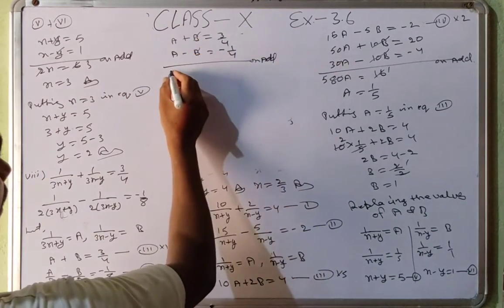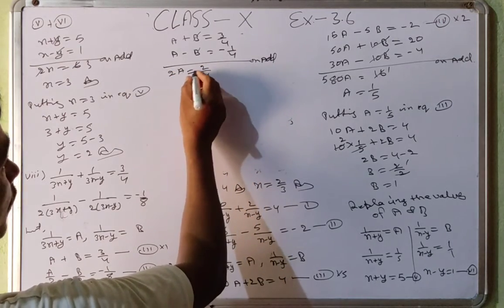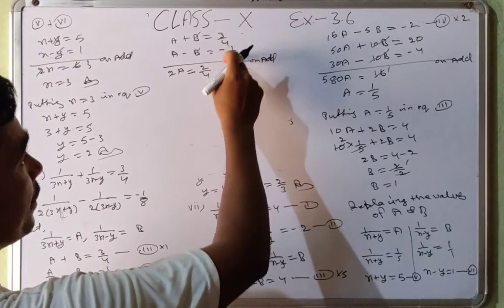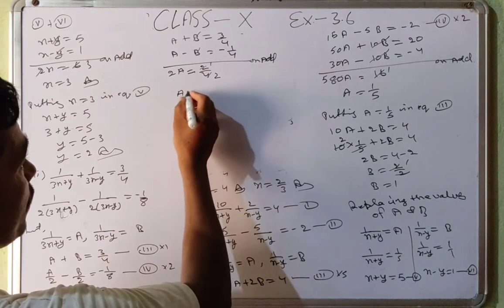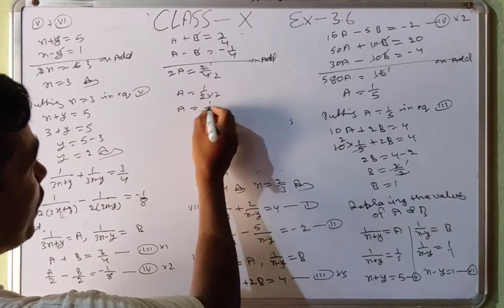This will be cancelled. So 2a is equal to 2 upon 4, because 3 less 1 is 2. So a is equal to 1 upon 2 into 2.